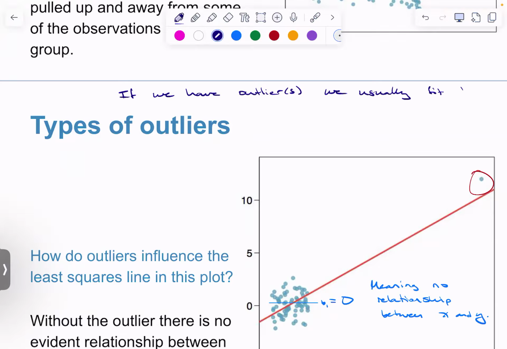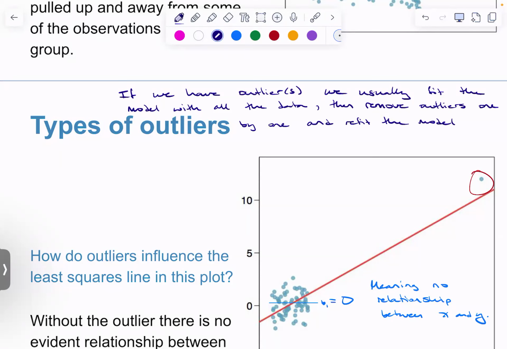Then remove extreme outliers incrementally, so just one by one, and refit the model to see if there are extreme changes in the model.